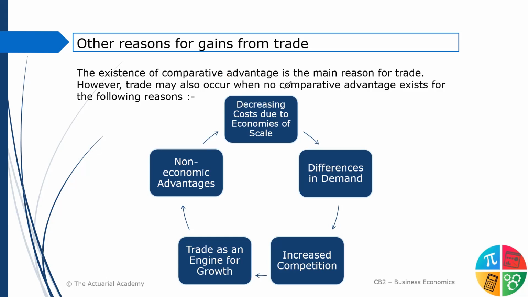So the following 5 reasons are decreasing costs due to economies of scale. You might already know what economies of scale mean now, producing in bulk.